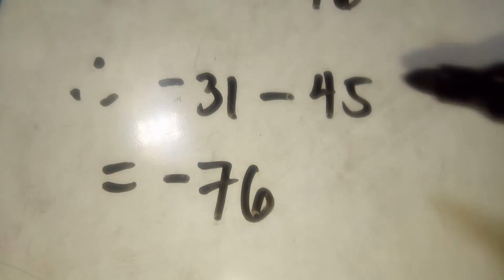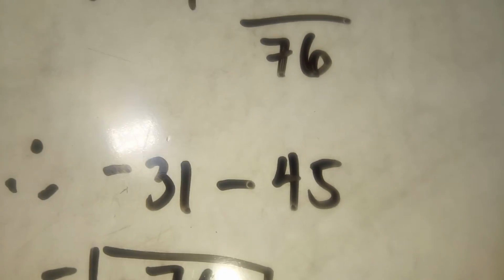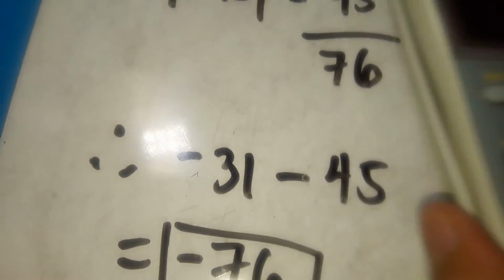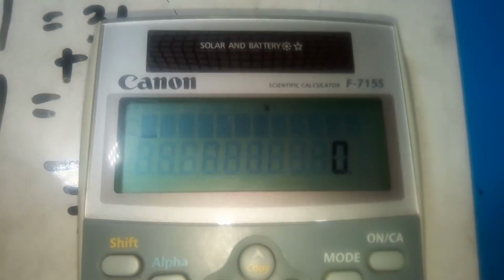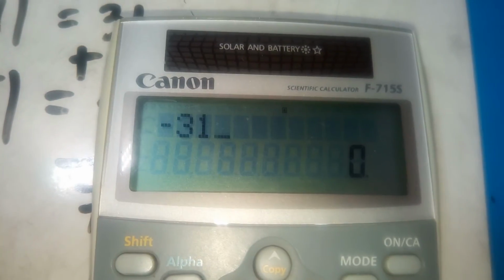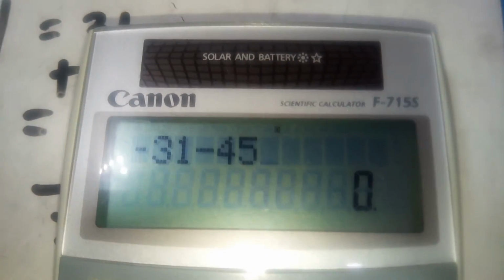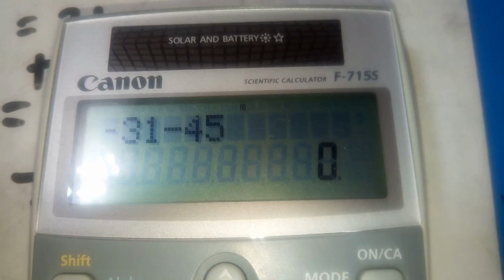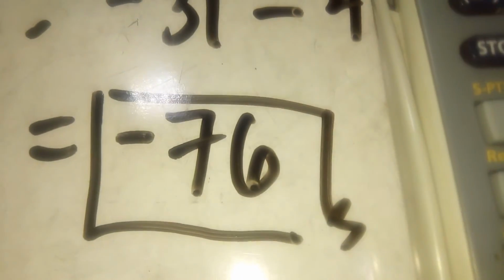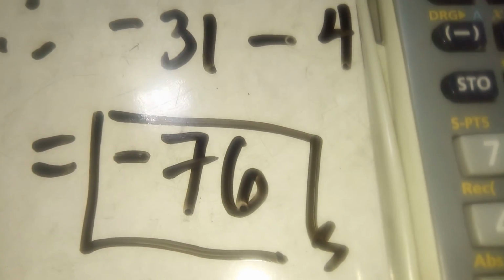So negative 76. The difference of negative 31 and 45 is negative 76. Let's find out: negative 31 minus 45 equals negative 76. It's also the same with our solution.